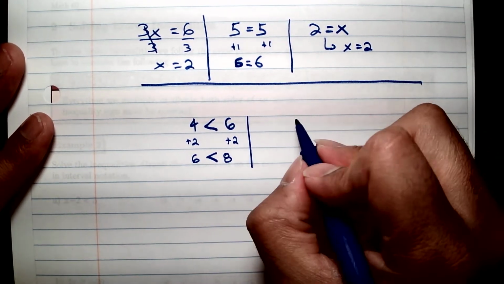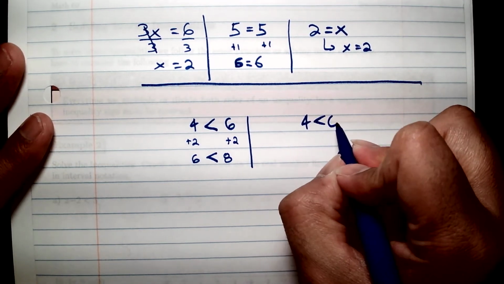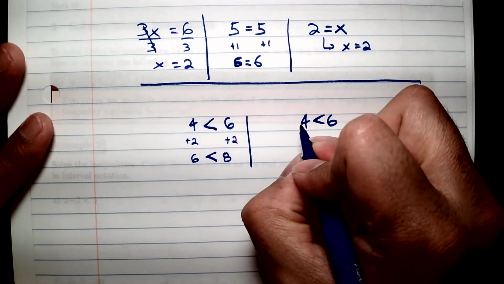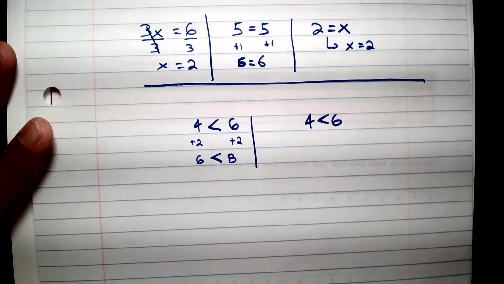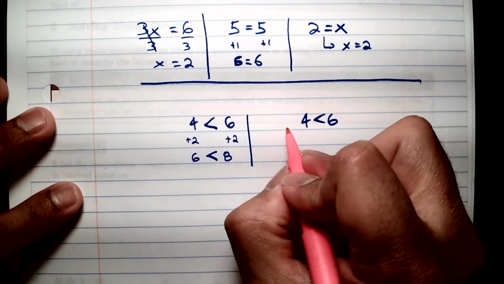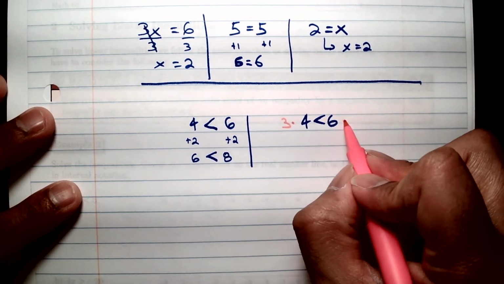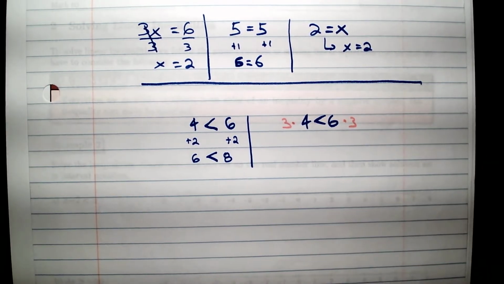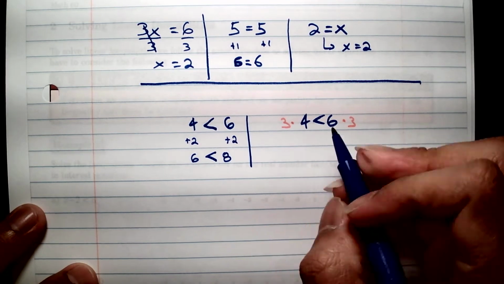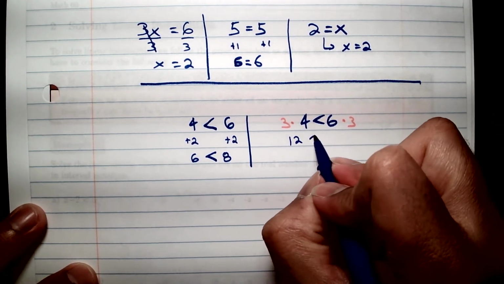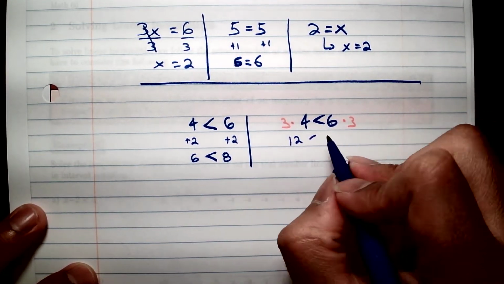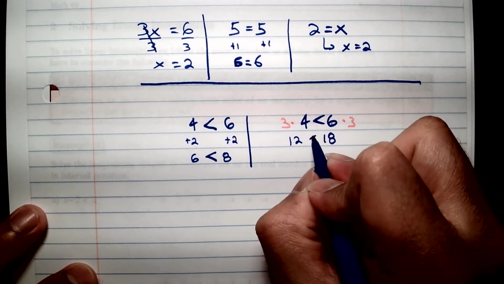With the same example, 4 less than 6, what if I multiply both sides by, let's say, 3? If I do it on one side, I have to do it on the other side as well. So 3 times 4 is 12, and 6 times 3 is 18.